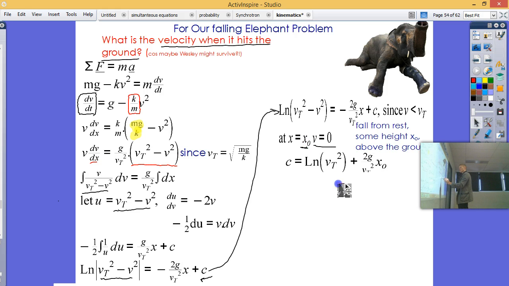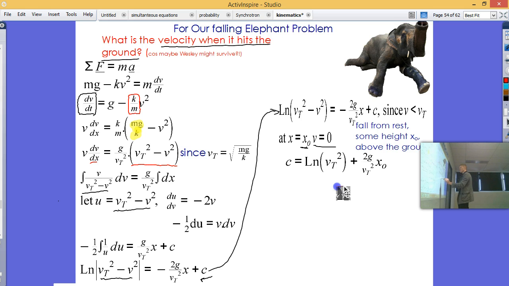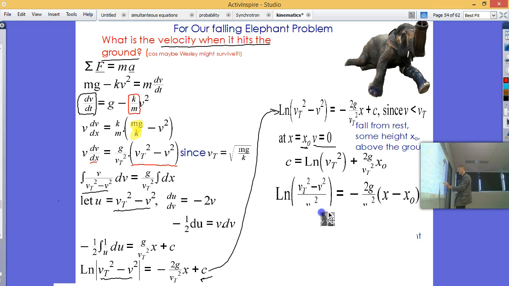Using that, I'm going to substitute that in and work out what c is. And nicely I'll have vt squared minus v squared, where when v is 0 just gives me the log of vt squared. Nice simple expression there. Solve that for c.